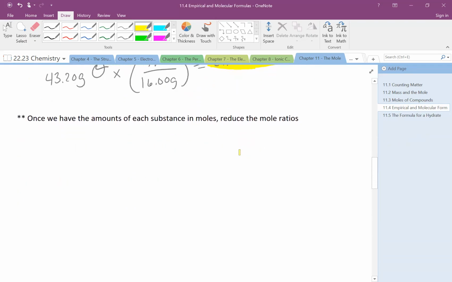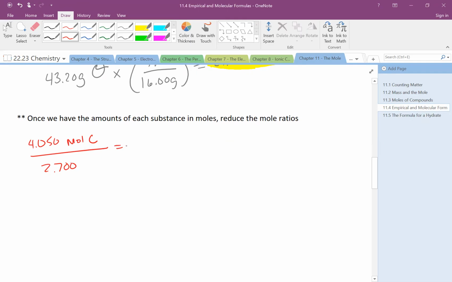Okay, so I'm going to begin with my carbon. So I'll take my 4.050 mole of carbon, and I'm going to divide that by my 2.700 moles this time. I'll leave this unitless for now.